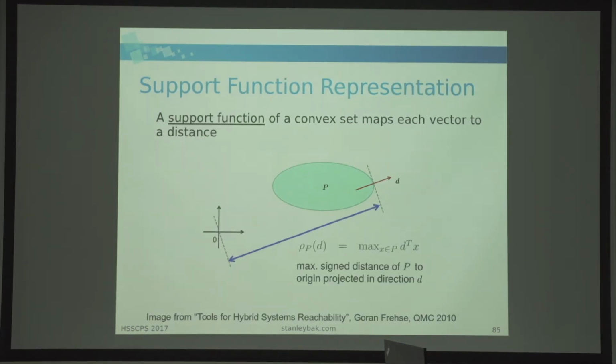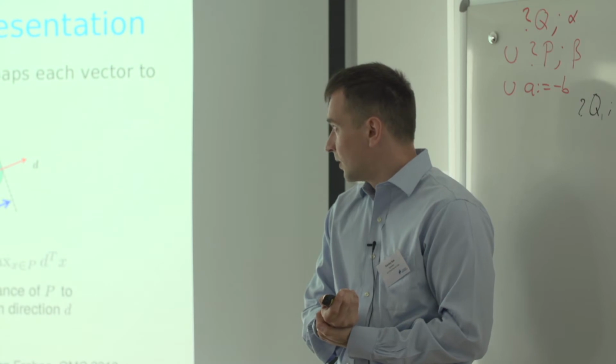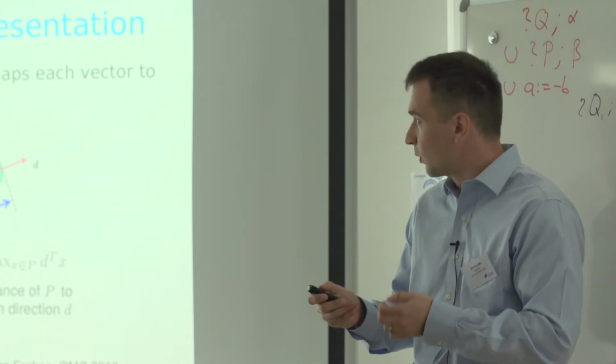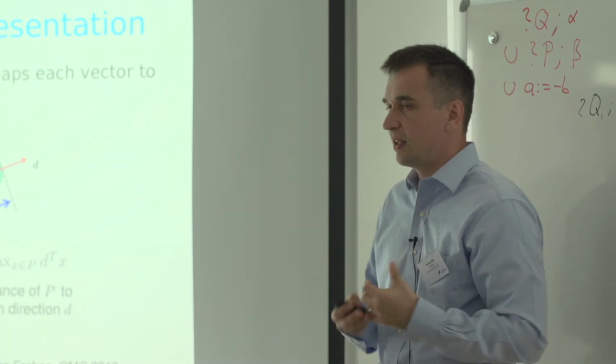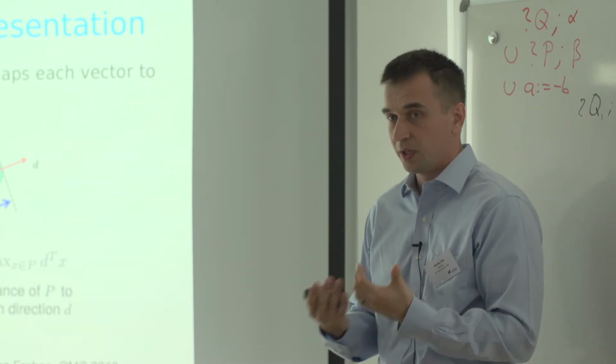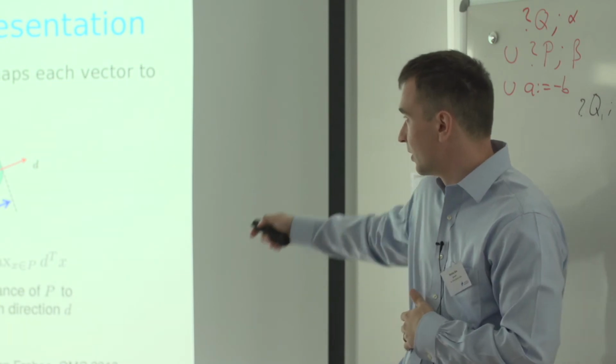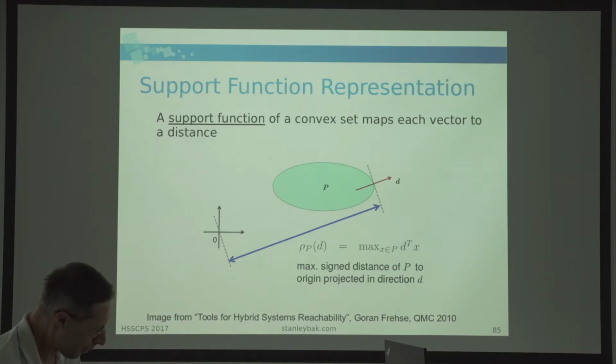So the next data structure I'll talk about is support functions. A support function is another representation for a set of states. You can use it to represent any convex set, so it doesn't have to be centrally symmetric. It maps each vector to a signed distance from the origin projected onto direction d.